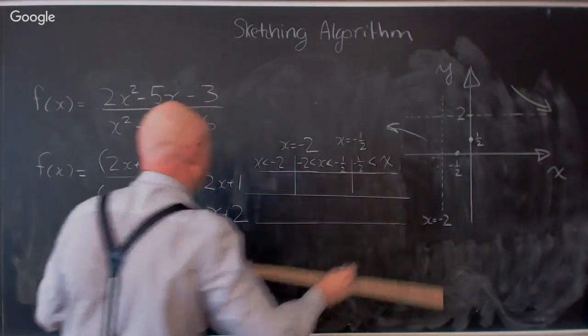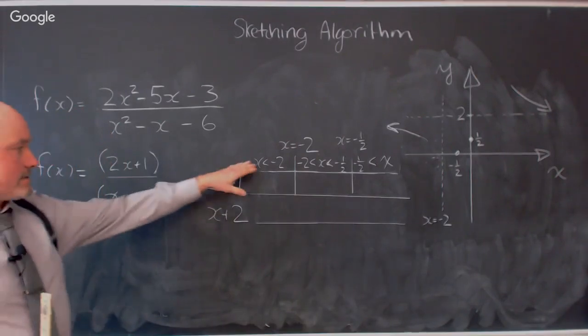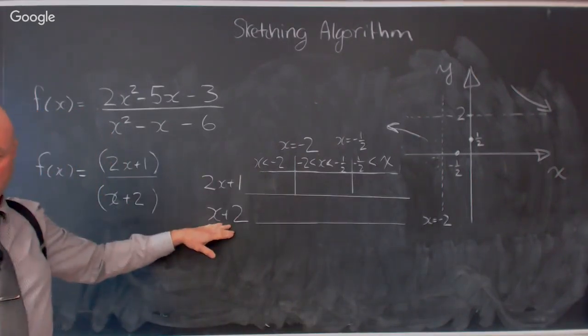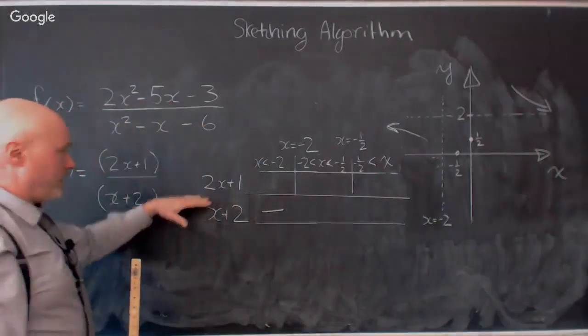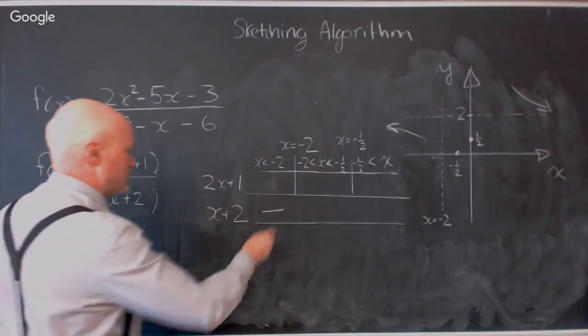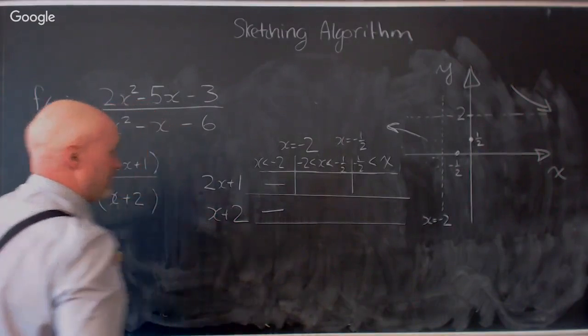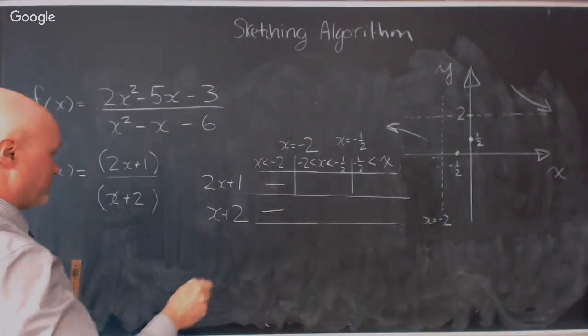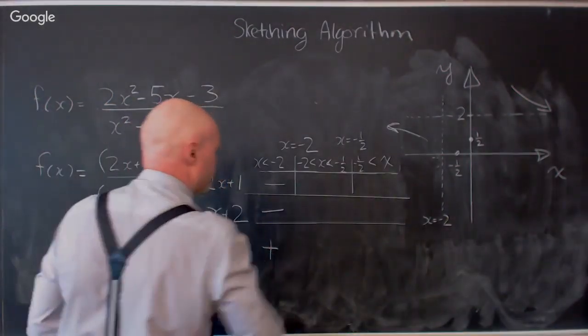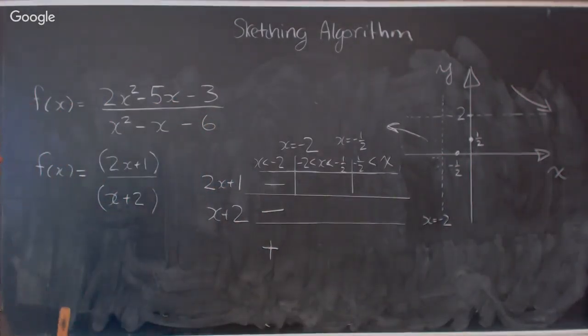When x is less than -2, x plus 2 is really negative, and 2x plus 1 is also negative, and so our function is going to be positive.